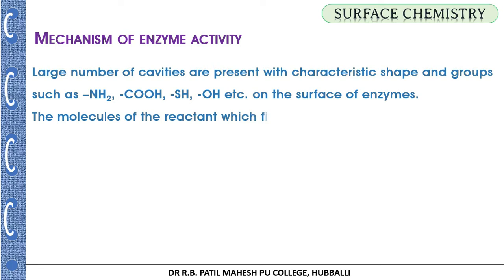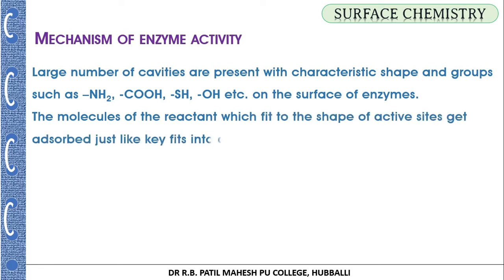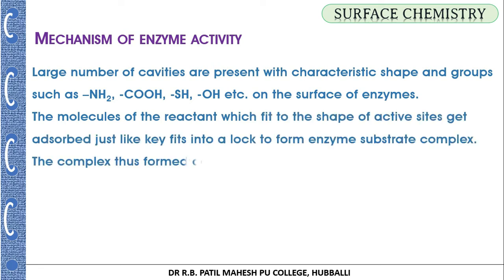Cavities with the characteristic shape and functional groups like amine, carboxylic acid, thiol, alcohol, etc. The molecules of the reactant which fit the shape and size of the cavity, only those molecules get adsorbed, and it works just like a key and lock model. Once that reactant molecule is adsorbed into that cavity, a complex is formed, and that decomposes to form the product and enzyme.